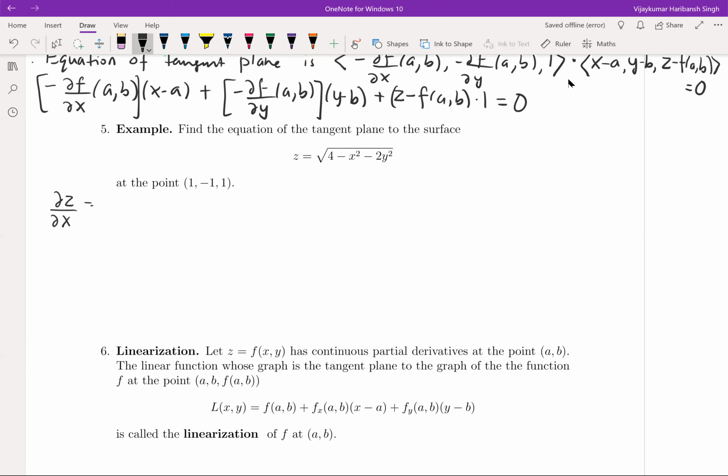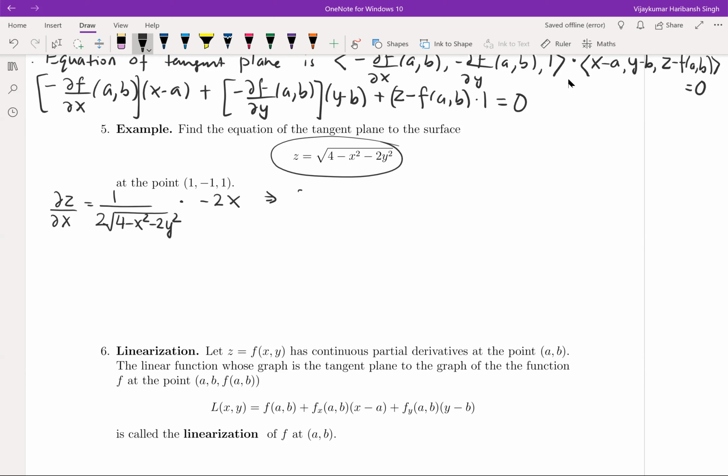So this is going to be, now you want to apply the derivative, so derivative of square root of x is 1 by 2 root x. So this is going to be 2, 4 minus x square multiplied by derivative of inside, which is minus 4. Derivative of 4 is 0. Derivative of minus x square is minus 2x, and derivative of minus 2y square with respect to x is 0.